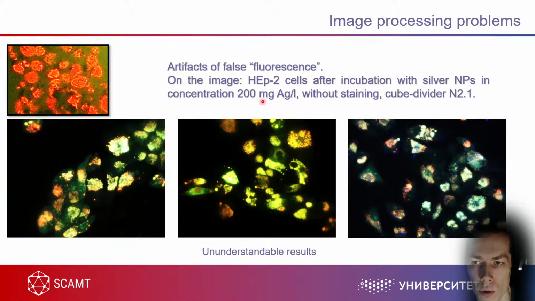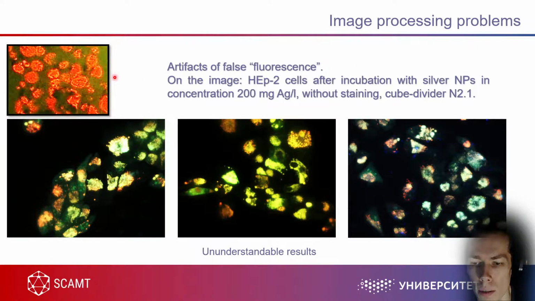So there were so many silver nanoparticles that I don't know how, but maybe they filter light, maybe they interact with light in some other manner, because there are some plasmon properties of silver particles. But in this case, there's no staining of cells, and still we see some red color. There's no fluorescent dye, no propidium iodide, nothing. So this cannot be explained by just some common explanations.